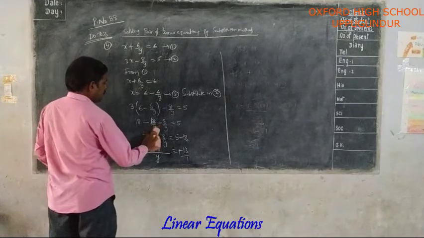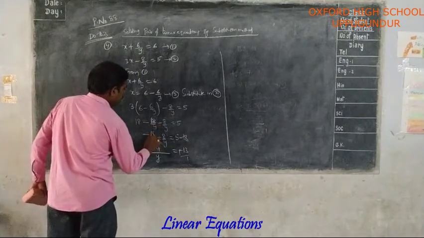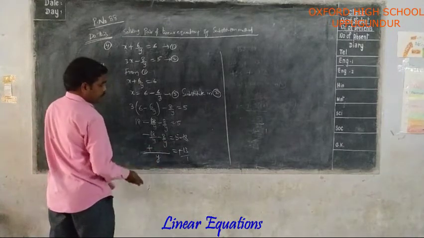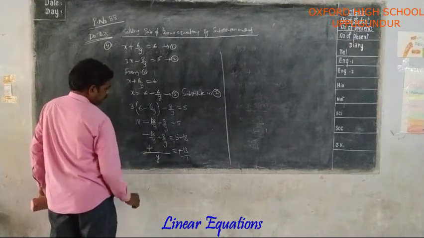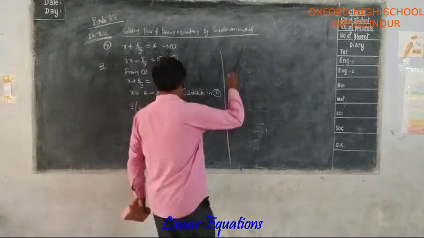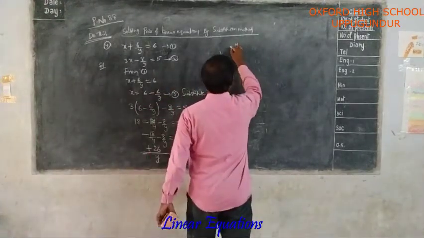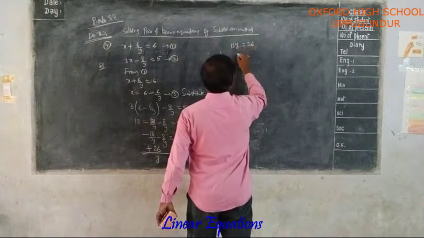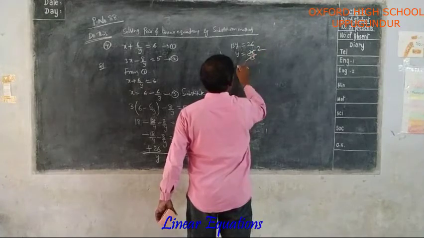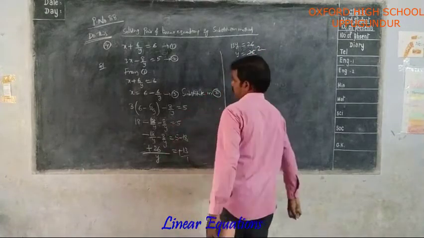So here minus 18 by y, minus 18 plus 8, 26. So 13y equal to 26, y equal to 26 by 13, y equal to 2.